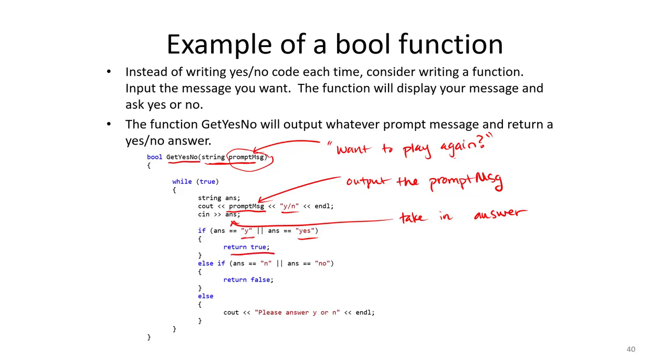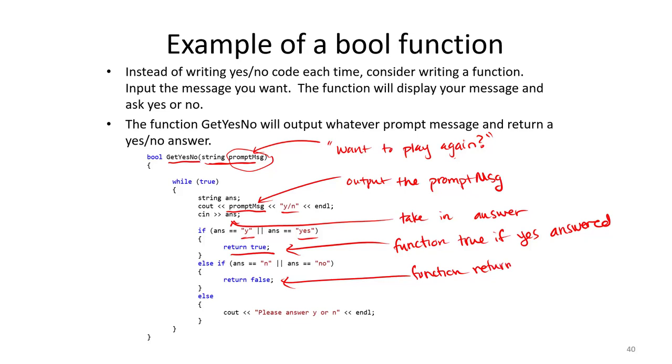And then notice if we get a yes, the function returns true if the user answers yes. And then if our user answers no, the function returns false. And then if the user gives us something bad, then we keep nagging the user until they give us a yes or a no.